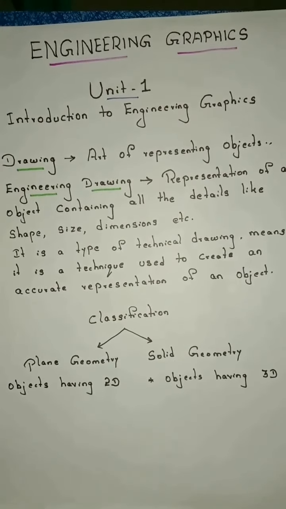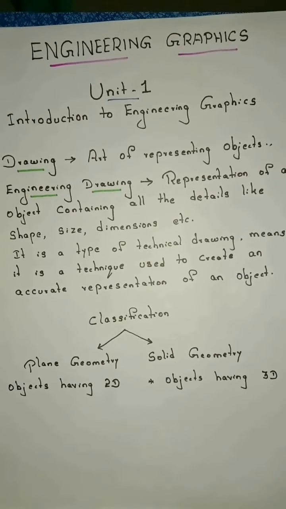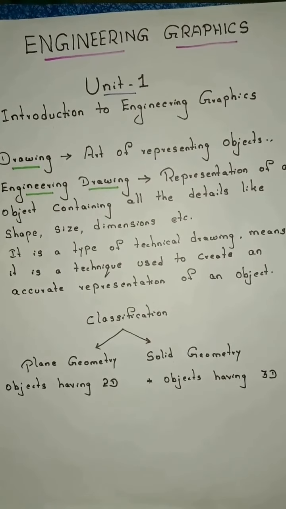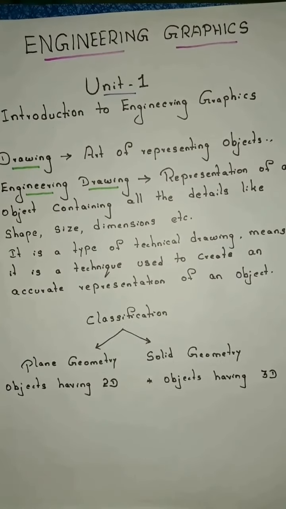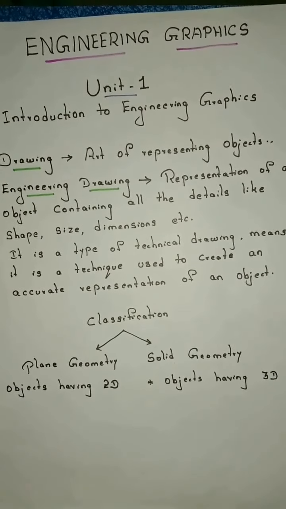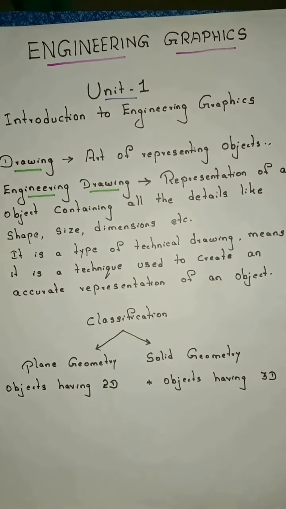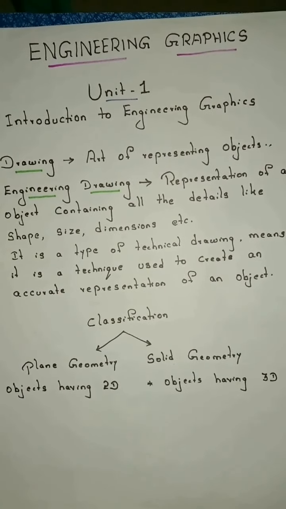Whatever it is, first we will draw it on paper. After that we will plan how to construct it. This engineering graphics is also useful in textile technology. What is textile technology? We are wearing clothes. The size of the cloth may differ for different persons.